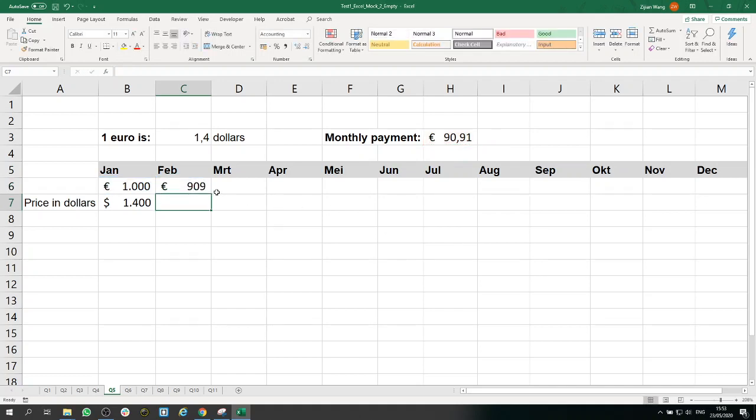That's it. However, to be able to use it in the following cells, we should use the dollar sign to fix the H3.